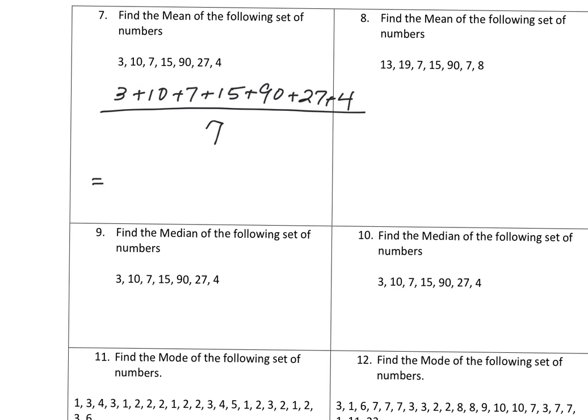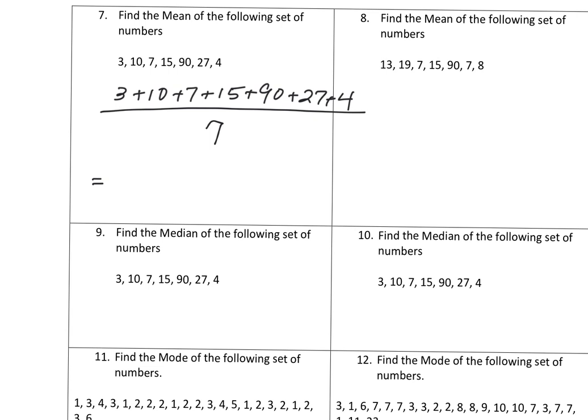So if I do this in the calculator real quick, give me a moment. So here I have 3 plus 10 plus 7 plus 15 plus 90 plus 27 plus 4. Divide that by 7.